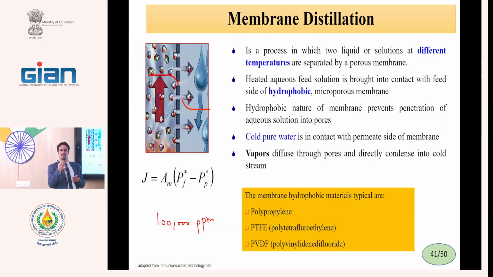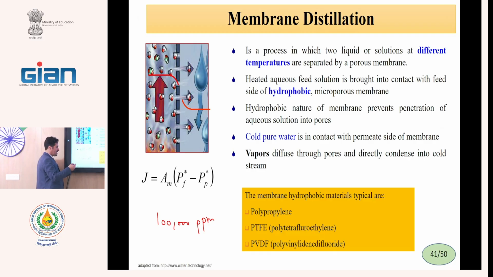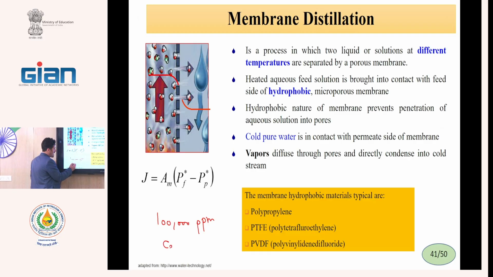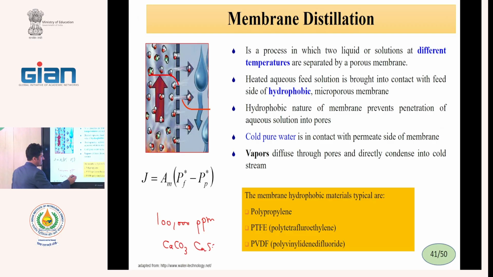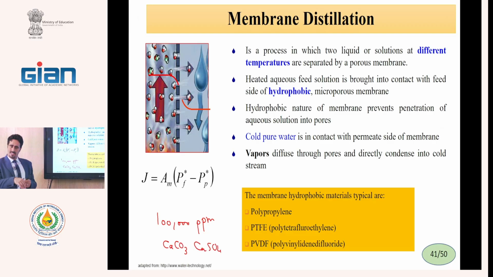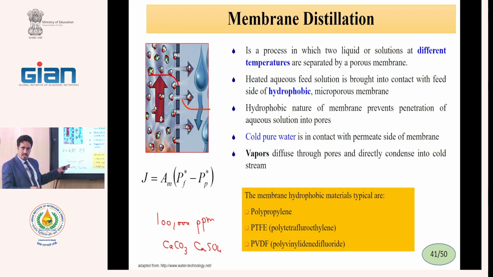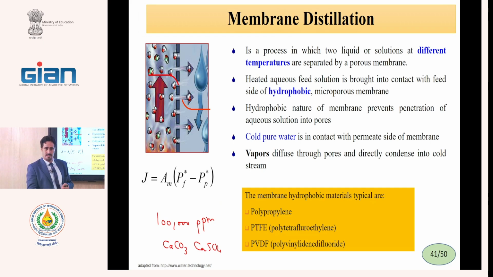This saturation can deposit on the membrane surface and cause fouling and scaling. I will discuss this next. Calcium carbonate and calcium sulfate can be deposited at this concentration, and the membrane will be destroyed.